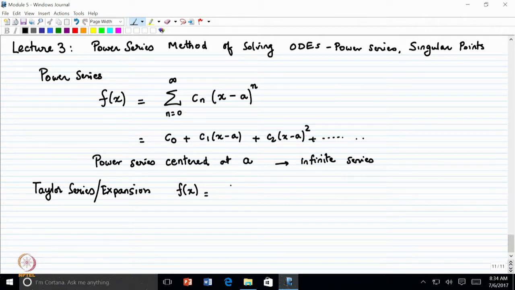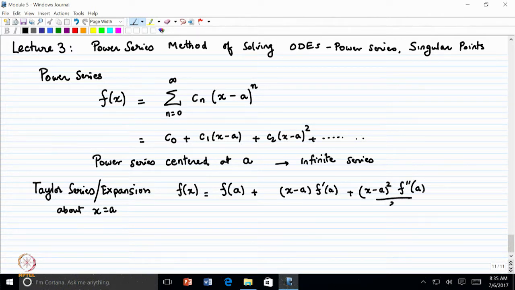If I write the Taylor expansion about x equal to a, you will write f of a plus x minus a times f prime of a plus x minus a squared times f double prime of a by 2 factorial, and so on.